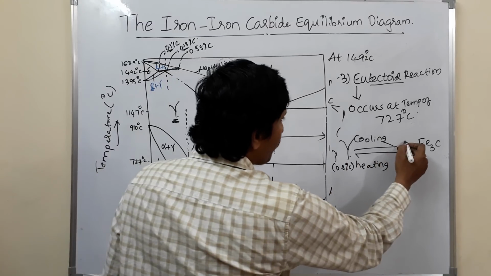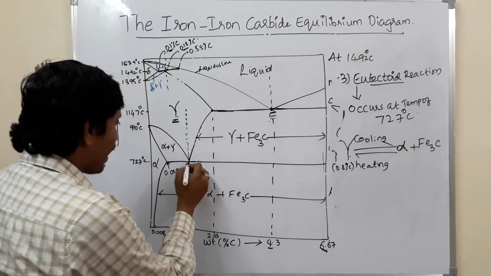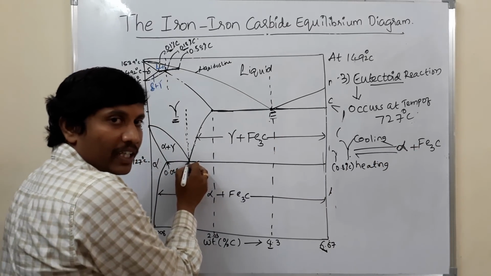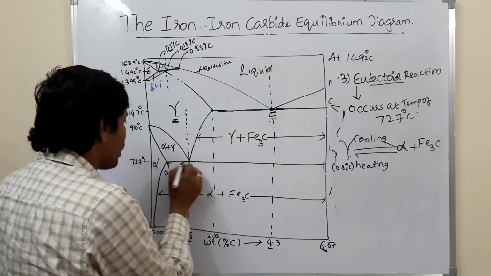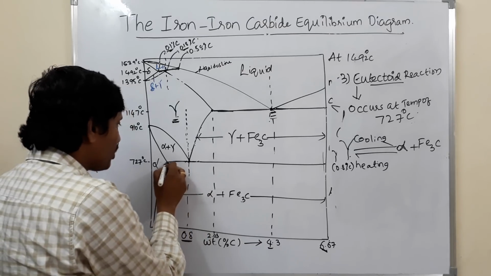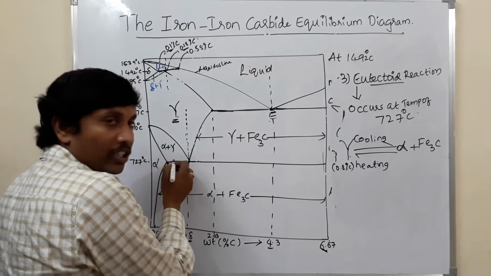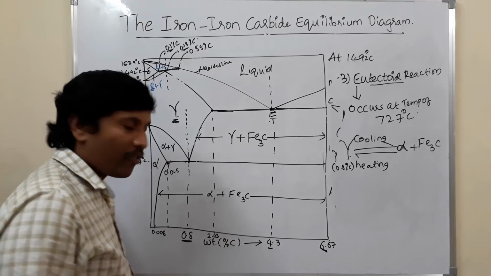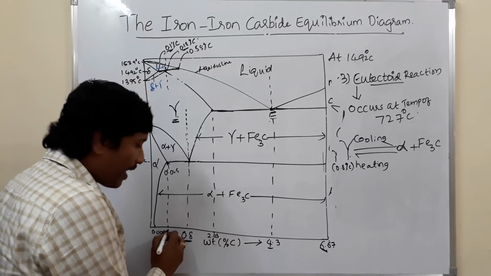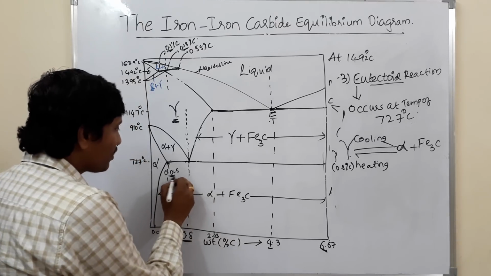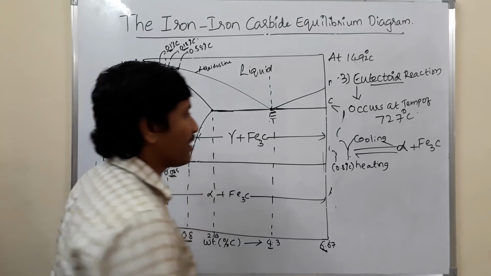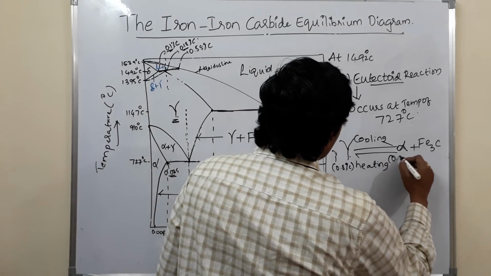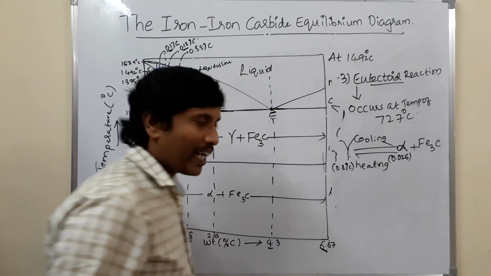In the alpha phase, at this point where the eutectoid reaction is taking place, you draw a horizontal line, reach the alpha solid solution area, and drop a vertical. You can find the percentage of carbon at this point: 0.025.